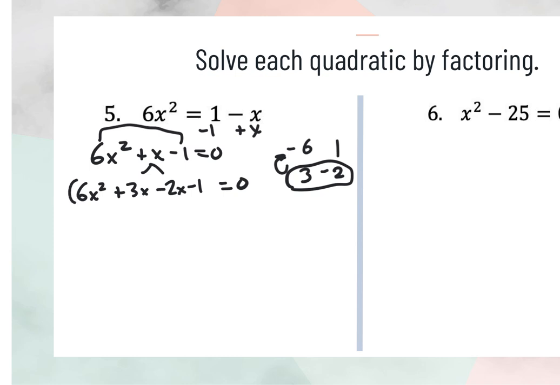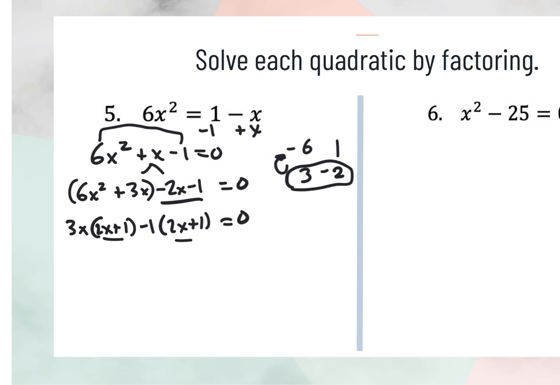Now, parentheses are on the first two. 3x, x plus 1. Nothing over here is in common, so I'm going to pull out a negative 1. Sorry, that should be a 2x. So I'm going to pull out a negative 1, 2x plus 1 equals 0.